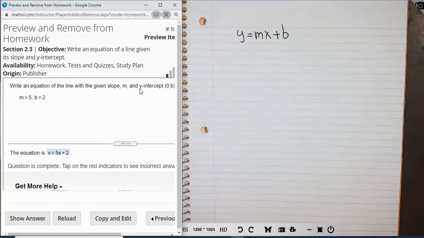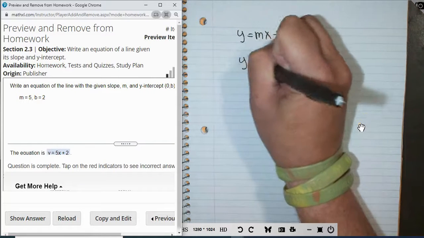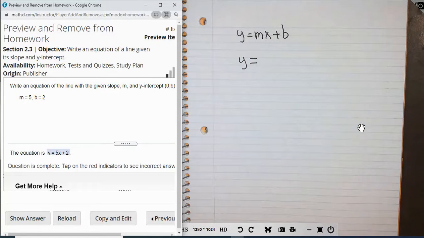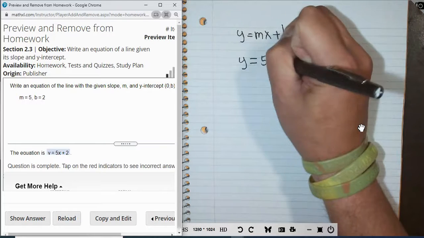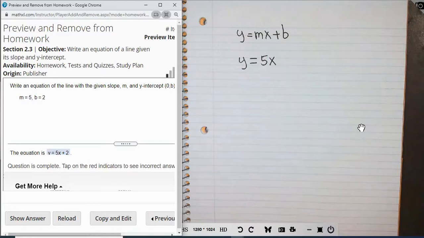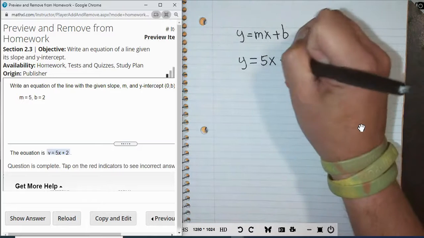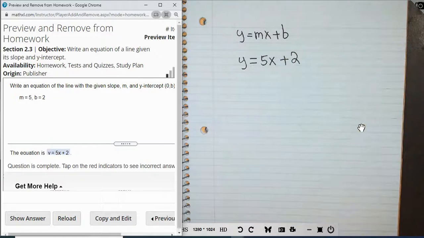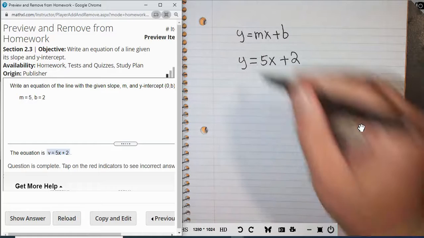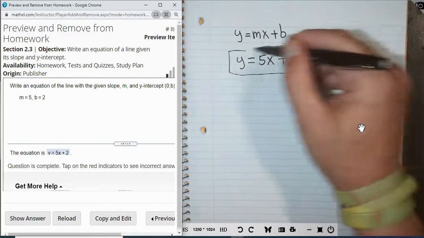So let's write it in slope-intercept form, because this one's really made to order for this situation. All we have to do is plug in the m and plug in the b. So this is how easy this is. y equals, and our m is 5, right? So we plugged in the m, and notice that our b, our y-intercept, is 2. And that is all you have to do on that one. That is an equation that satisfies those conditions.